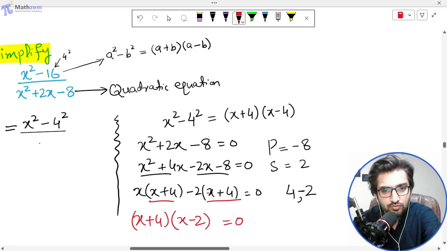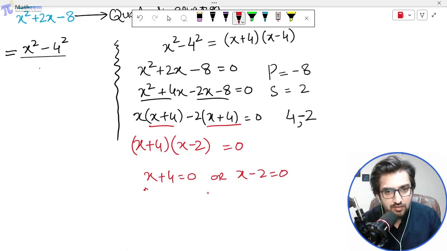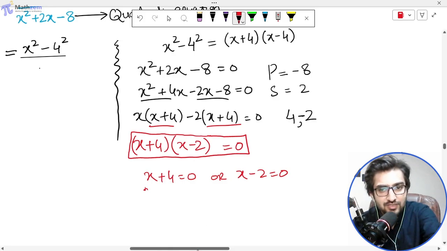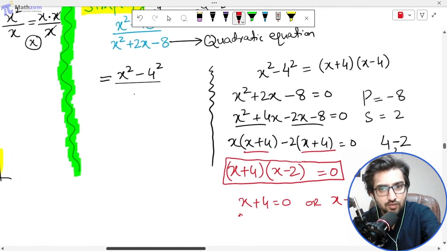I think there's no need to make both equal to 0, because we don't want to solve it, we want to simplify. So we will just write x plus 4 and x minus 2 in place of that quadratic equation.